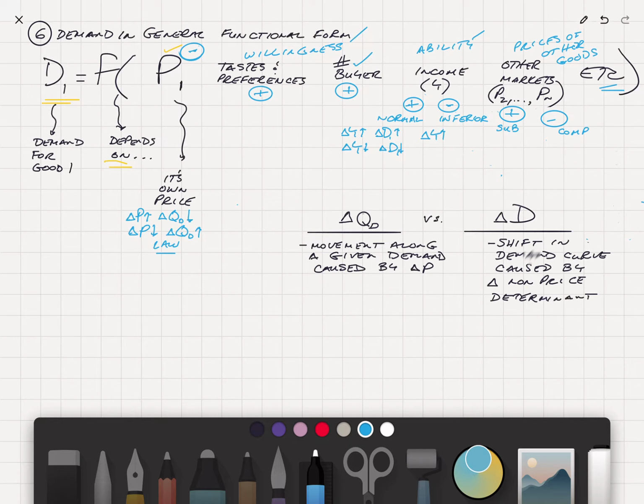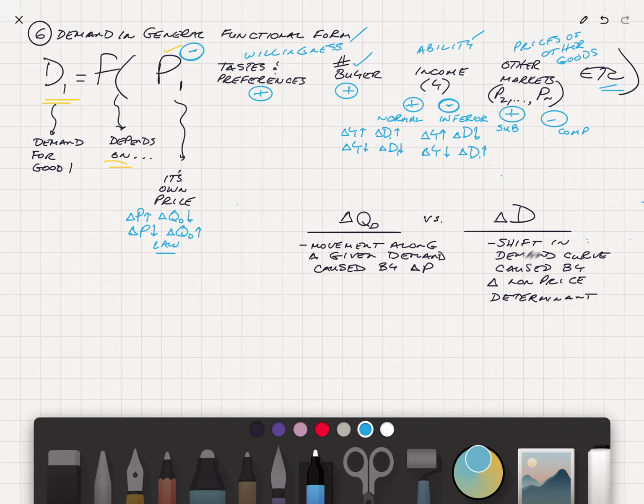A change in your income up, you're going to have a change in the demand for that good down. If your income goes up, you're not going to run to Costco and buy a case of Top Ramen, right? You're going to go out for Chinese food. So if your income goes down, you're going to have the demand for good one going up. An inverse relationship for inferior goods.